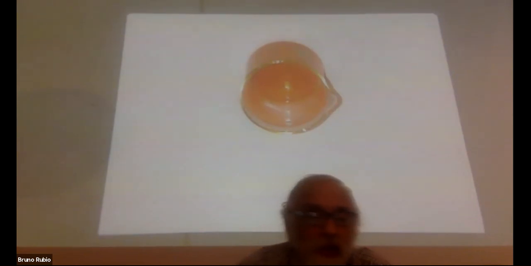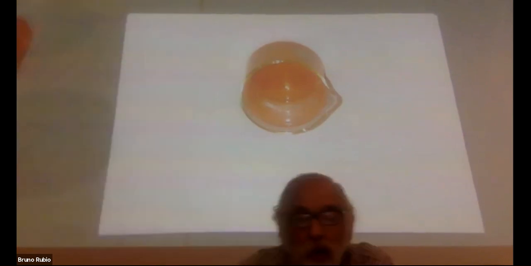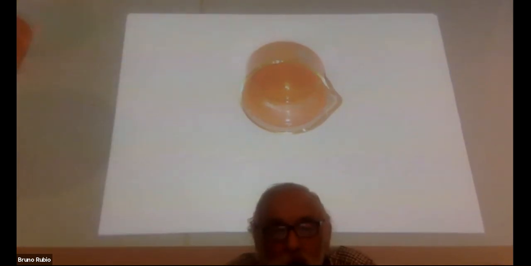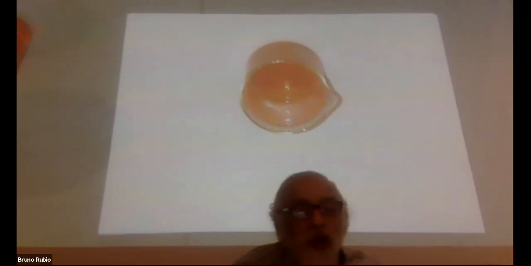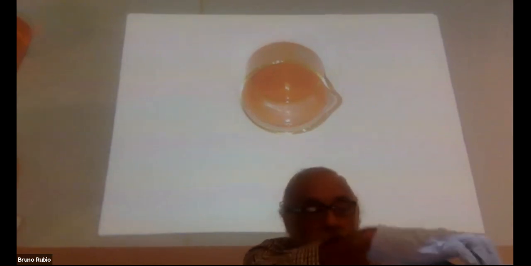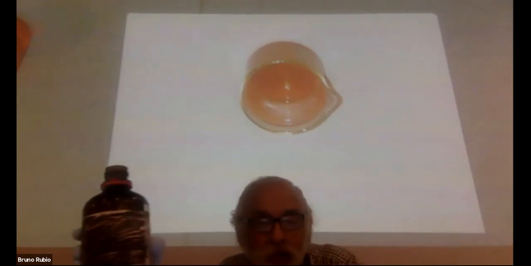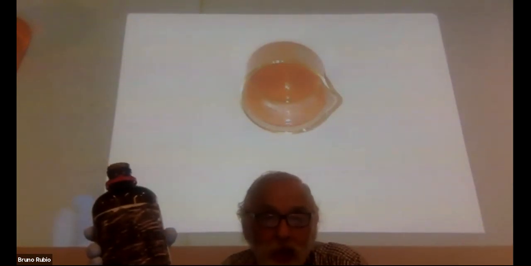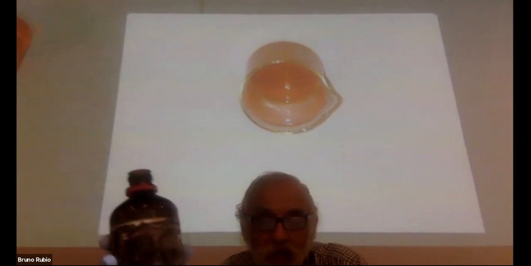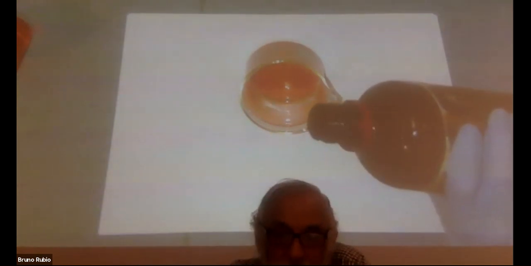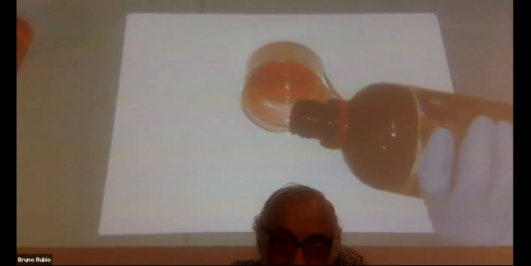Nothing happened. Okay, that's because I'm missing something. I'm missing the sulfuric acid. So now this is where the magic happens, right? And I want you to observe what happens to that orange solution. Now, if I were doing this in the lab, I would be measuring everything, but that's not how I roll. So let's just pour in some sulfuric acid, see what happens.